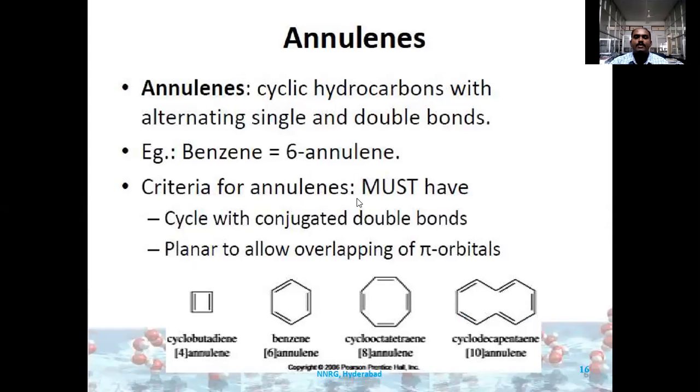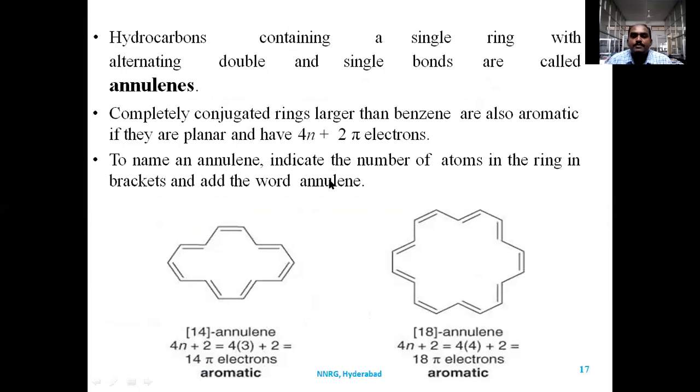The basic criteria for an annulene is that it must be a cyclic compound with alternate double and single bonds, and planar, so that the p orbitals can overlap to form a pi system. So cyclobutadiene is called 4 annulene, benzene is called 6 annulene because it contains 6 atoms, cyclooctatetraene is 8 annulene, and cyclodecapentaene is a 10 annulene, because 10 carbons are there. So these are single ring hydrocarbons with alternate double and single bonds, called annulenes.